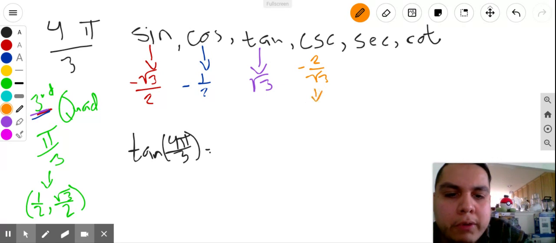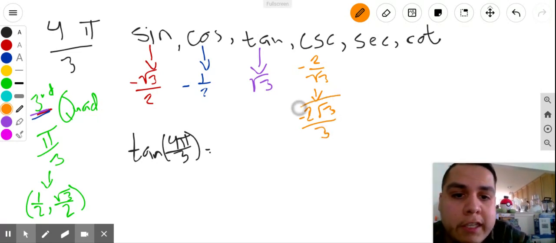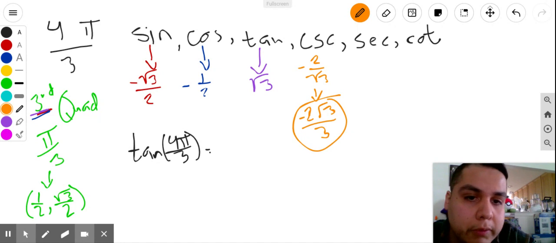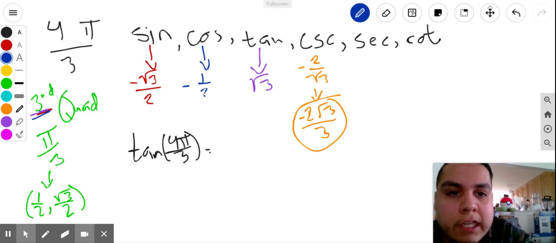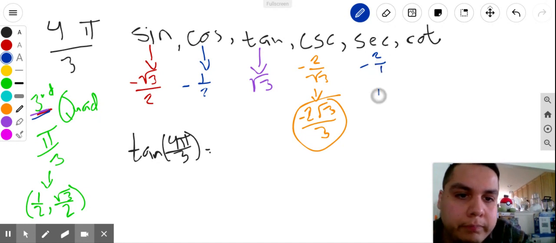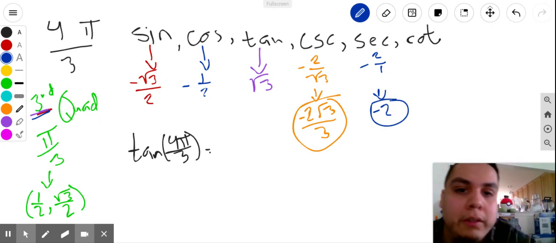So that would produce negative 2 radical 3 over 3. All right, so that's the answer I would expect you to produce. And all I did was use a reciprocal. Same idea with secant. Secant would be a negative 2 over 1, which again I can just write as a negative 2, because dividing by 1 doesn't do anything.